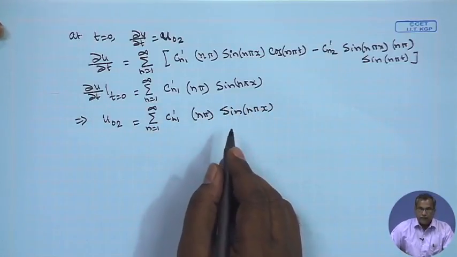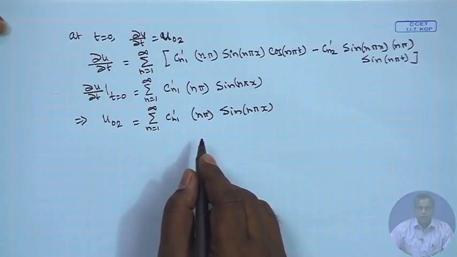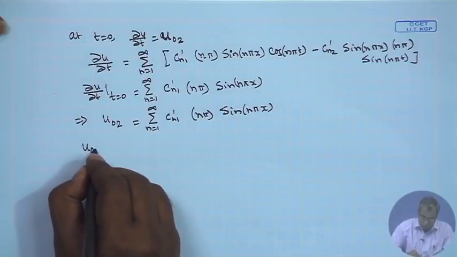So, I multiply again, I will be exploiting the orthogonal property of the eigen functions and evaluate C n 1 prime. So, I multiply both sides by sin m pi x dx and then integrate over the domain of x from 0 to 1. So, u 0 2 is constant.